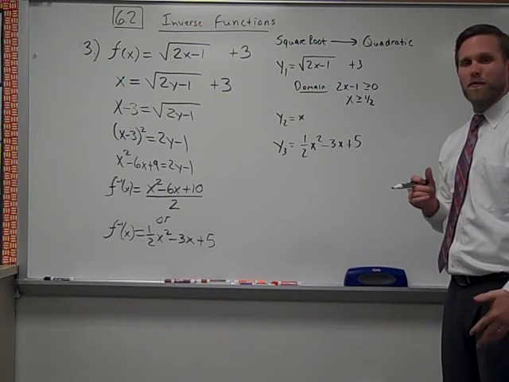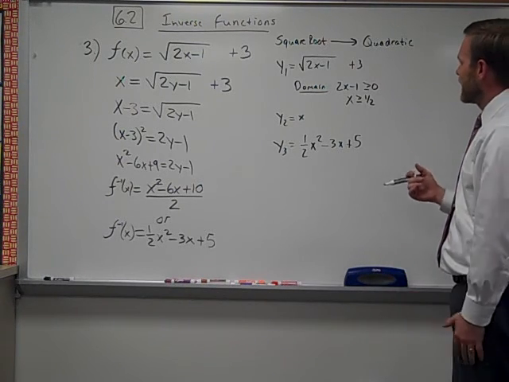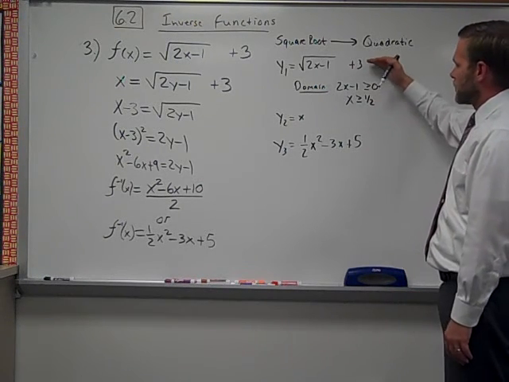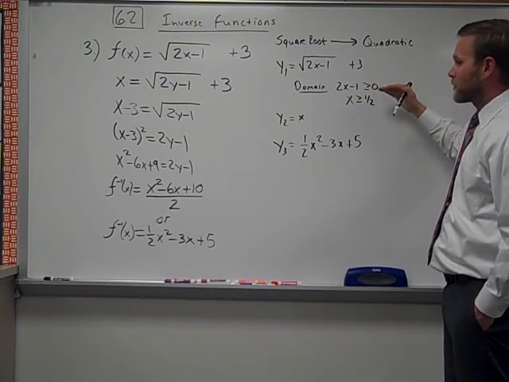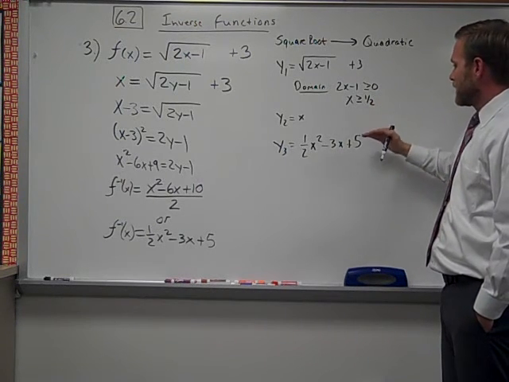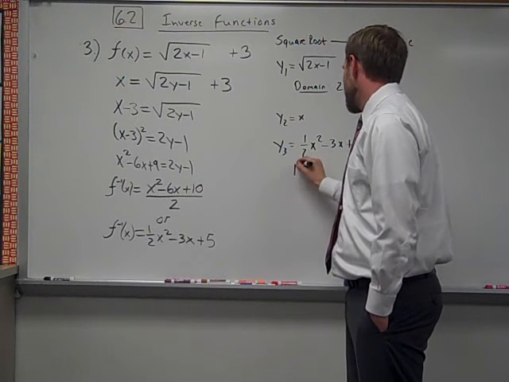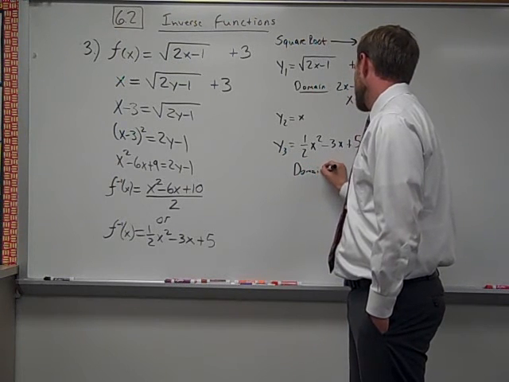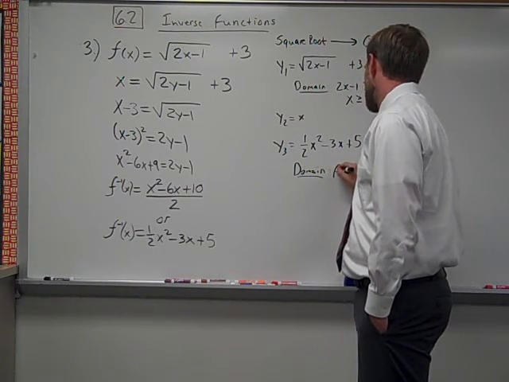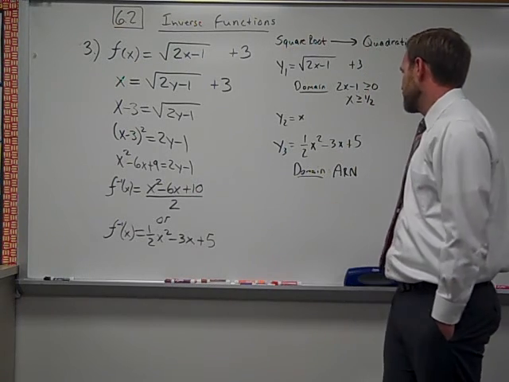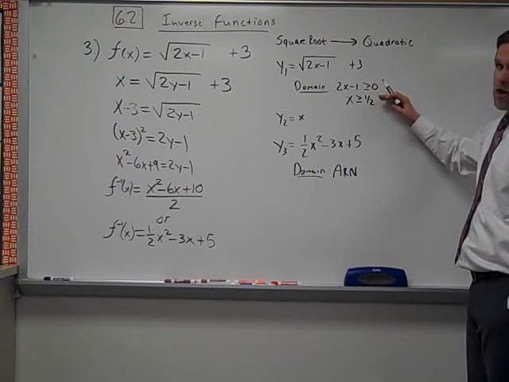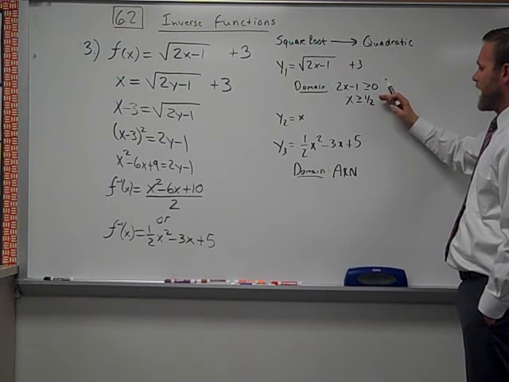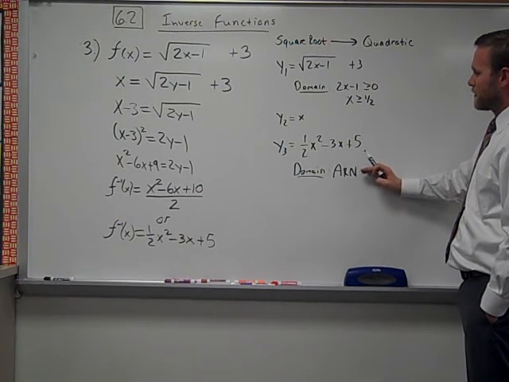Okay, you might be asking yourself, well, hey, that's not symmetrical. Again, what you have to remember here is originally the function that you're given had a restricted domain. This graph is assuming that the domain is all real numbers. So you've got a domain here that's only x values greater than or equal to 1/2, but you have a domain here of all real numbers.